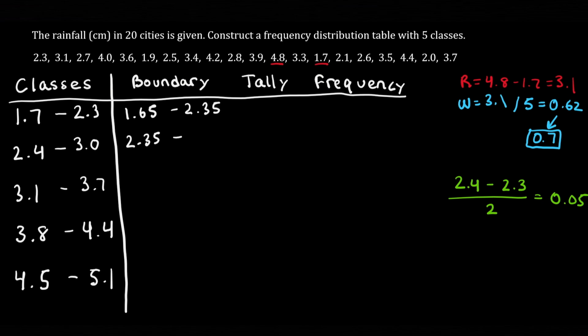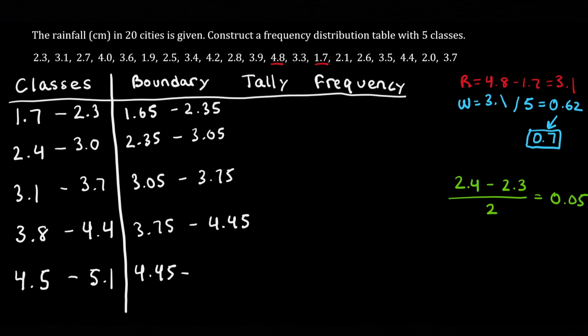And the upper bound is 3 plus 0.05, which is 3.05. Applying this to the rest of the classes, for the third class, it's 3.05 to 3.75. For the fourth class, it's 3.75 to 4.45. For the fifth class, it's 4.45 to 5.15.